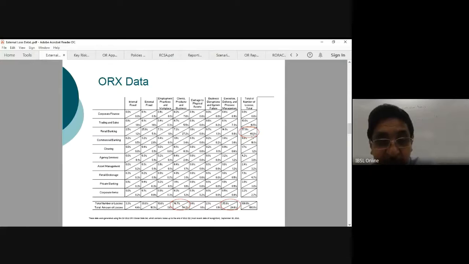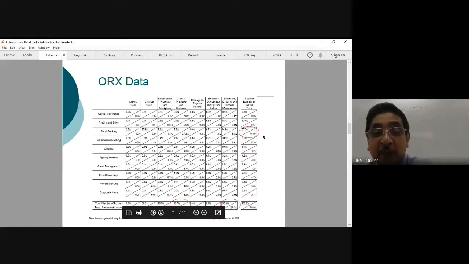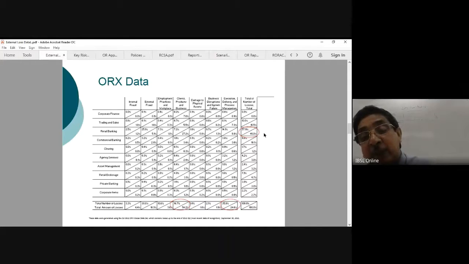So that means in all operational risk data, when you have a number of events, 57.9% of the number of events are coming from retail banking. And in the loss value, 46% of the loss value is coming from retail banking. So that means in this particular chart, retail banking is the highest operational loss maker.